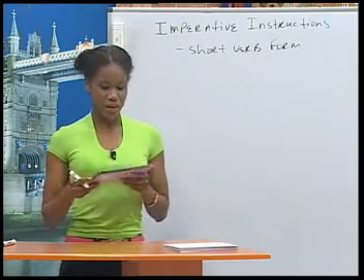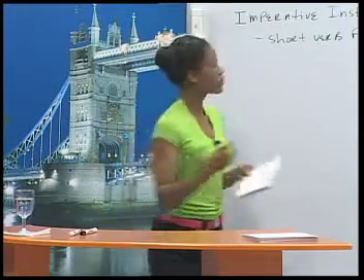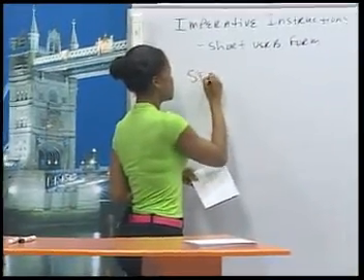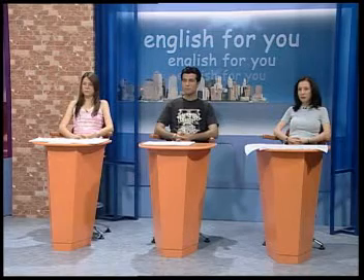Linda, how do I make a sentence with an imperative? Well, you don't have a subject and you don't change the verb. I want Alberto to stand up, so I say stand up. Good. Stand up is an imperative verb. I want Alberto and Sylvia to stand up, so I also say stand up.